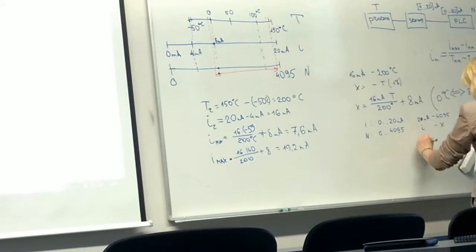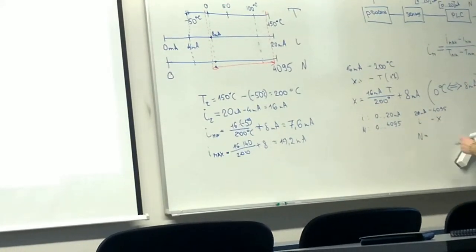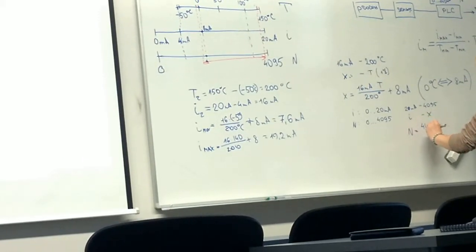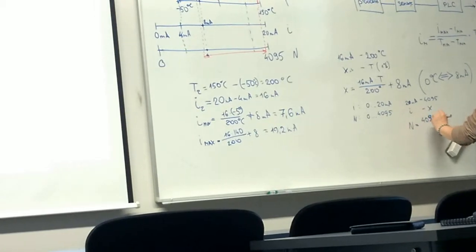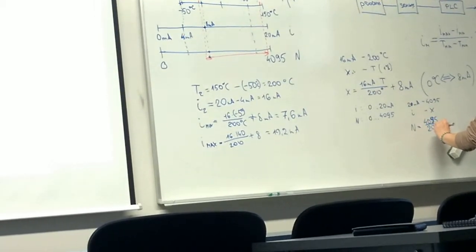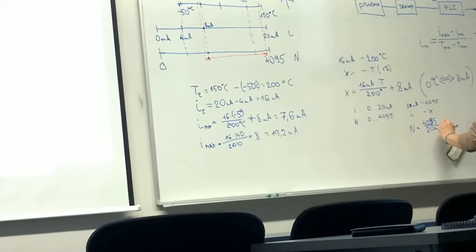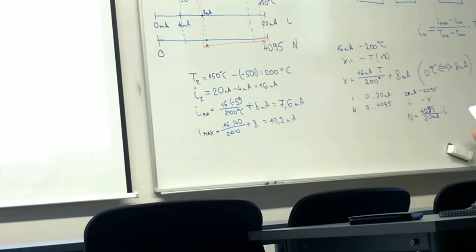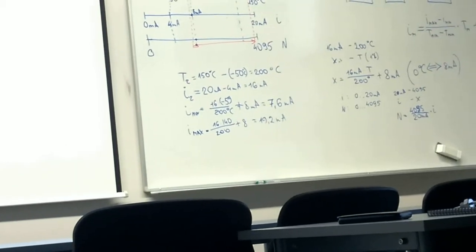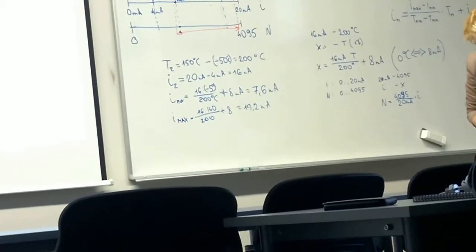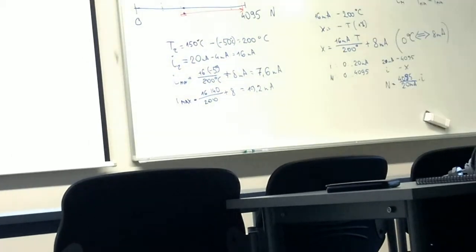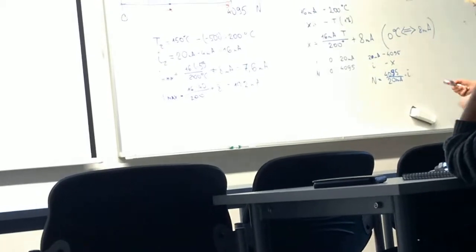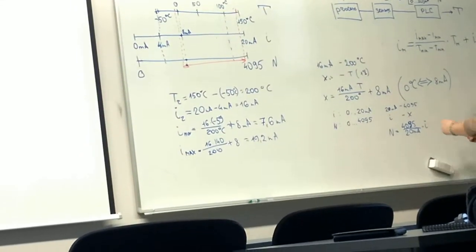So n will be equal to the whole range for n divided by the whole range of the current, multiplied by the current value. It should be 4096 actually, because of the range.